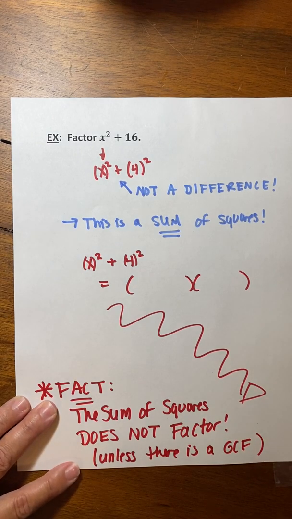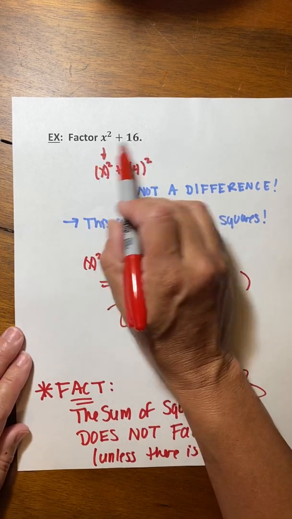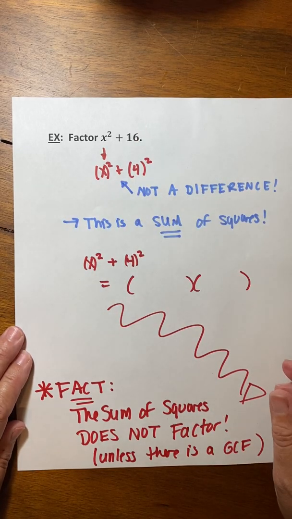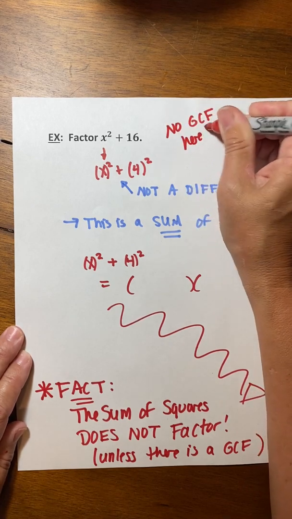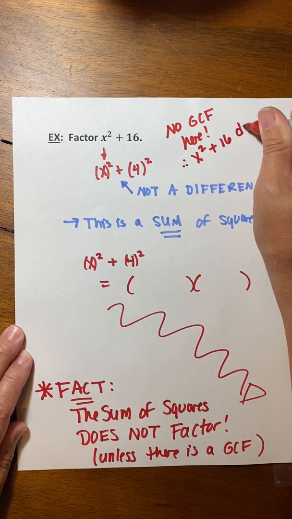You can only factor a greatest common factor out of the sum of squares if one exists. Here, no GCF, 1x squared and 16. There's nothing we can pull out. There's no greatest common factor other than 1. So no GCF here. Therefore, x squared plus 16 does not factor.